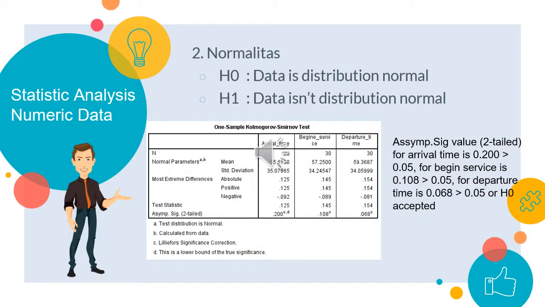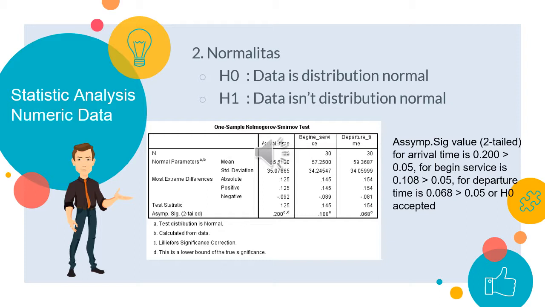Next is normality. The H0 is data distribution is normal. The H1 is data distribution is not normal. Since the result that we get from one sample Kolmogorov-Smirnov test is a significance value for arrival time of 0.2, which means the score is more than 0.05.